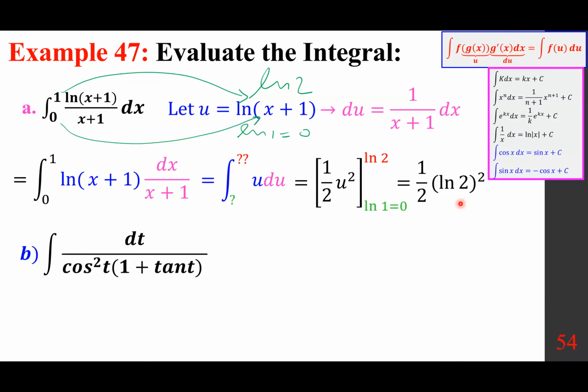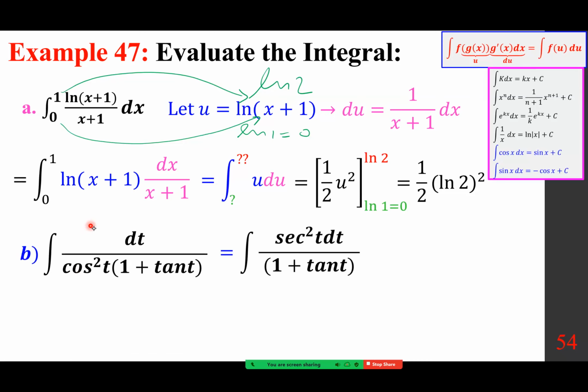dt over cosine squared t times 1 plus tan t. So when you have a case like that, something has to give. So if you rewrite this such that cosine squared comes up, becomes secant squared, right? Because 1 over cosine squared is the same as secant squared. You notice if you choose the bottom to be u, the top is du.